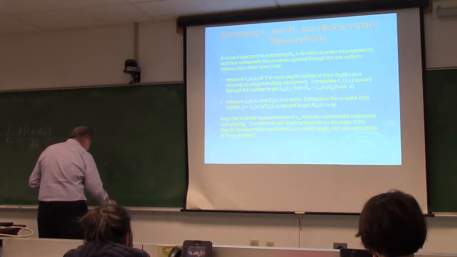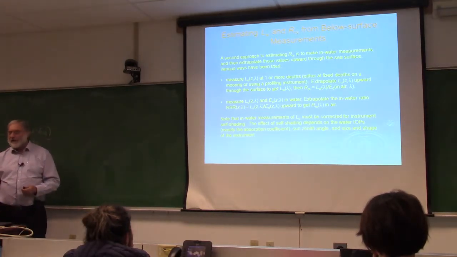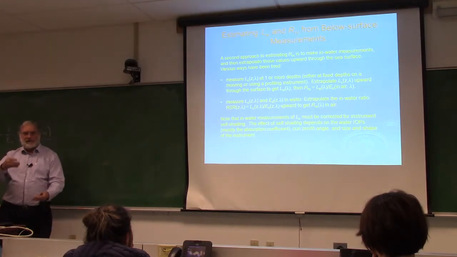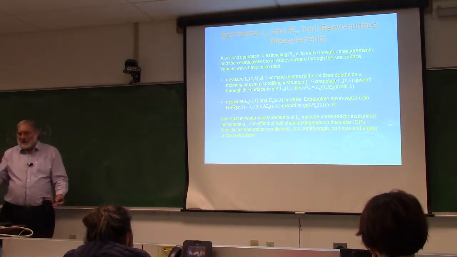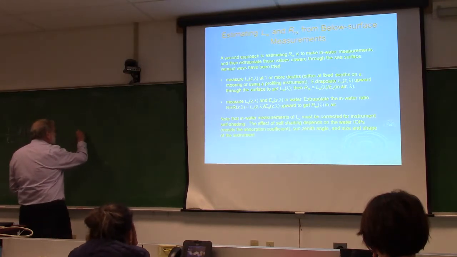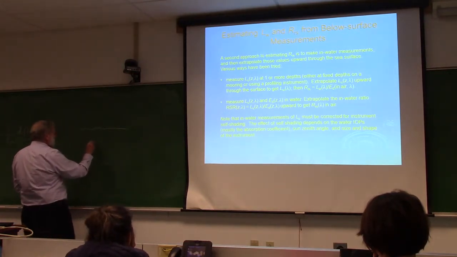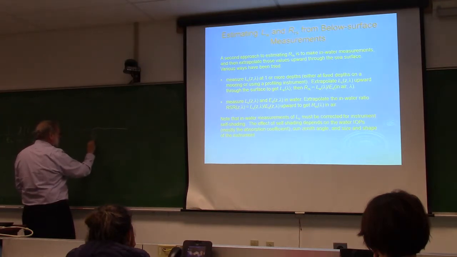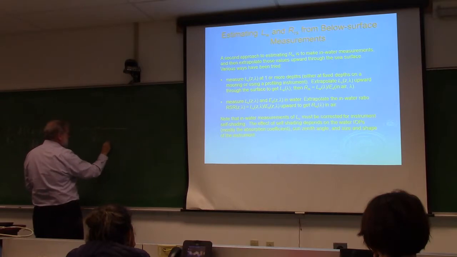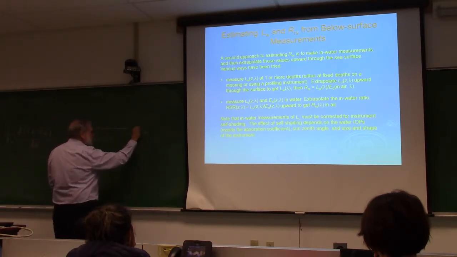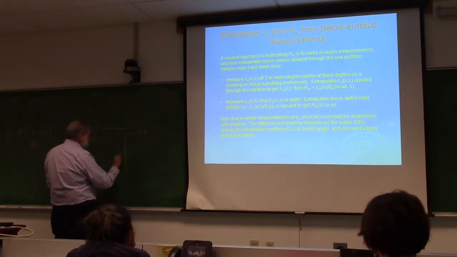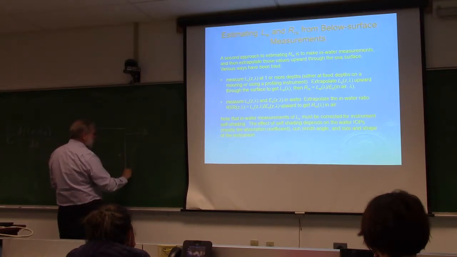And I think you guys did this on the dock, but you only had 1.5 meters of water to work with, so it's a little uncertain. But here's the sea surface, and if you put your instrument in the water looking downward, you get LU versus Z, so here's LU and here's depth, and you get some profile.